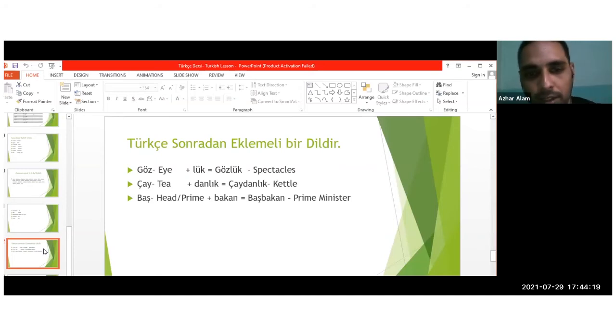I wanted to show you that the Turkish language uses only suffixes. In Hindi, we have prefix and suffix both. In English, we have prefix and suffix both. Like prior to independence, or preposition, the word pre is used as a prefix.